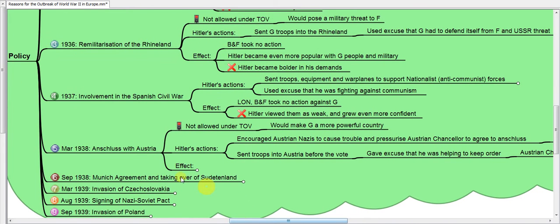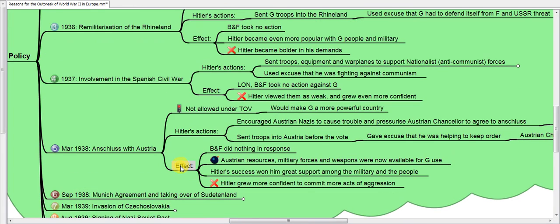What was the effect of this? Well, again, Britain and France didn't do anything. This brought the world closer to war, because now Germany could take advantage of Austrian resources, their military forces and their weapons. So now Germany becomes even more powerful, and if they're more powerful, they'll be more willing to go to war.